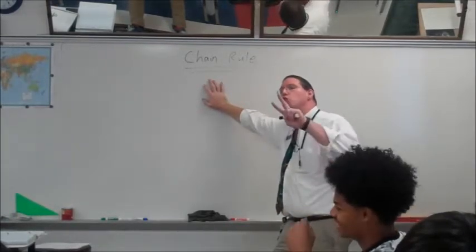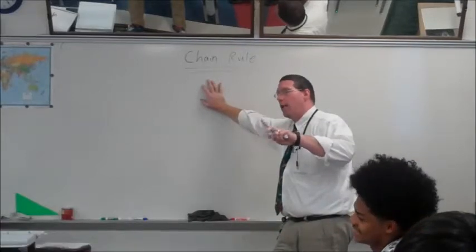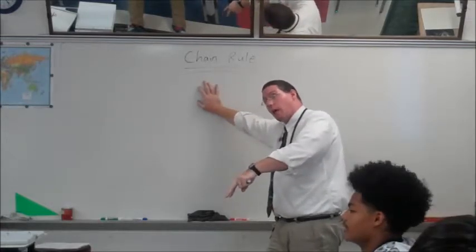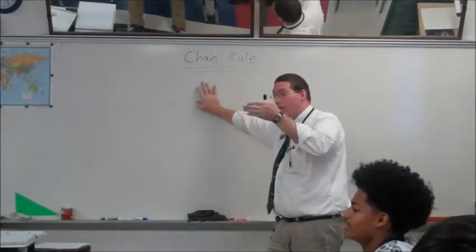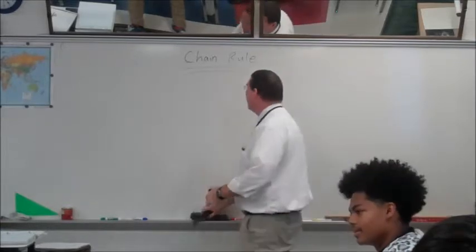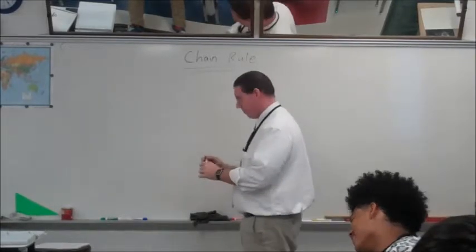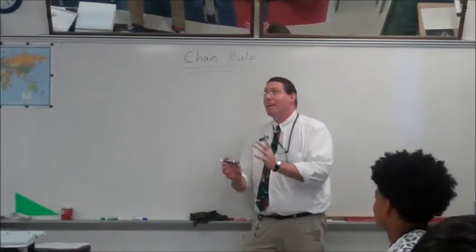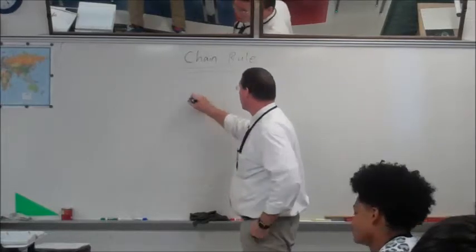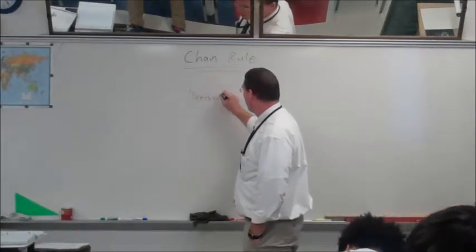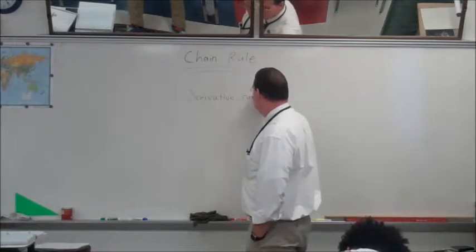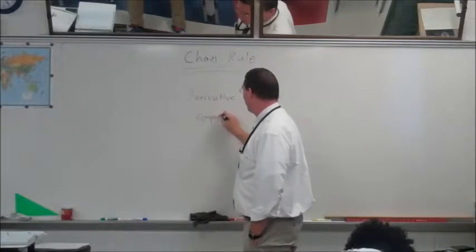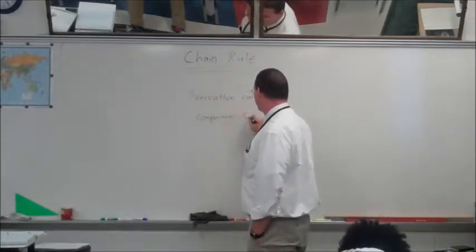I'm going to show you 2 ways to understand it. I'm going to show you a way to understand it, and then I'm going to show you a way to do it. Both of them are practical. So here we go. The chain rule is the derivative rule for composition functions.